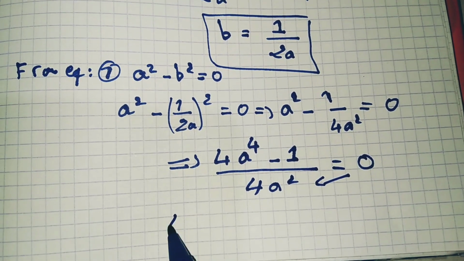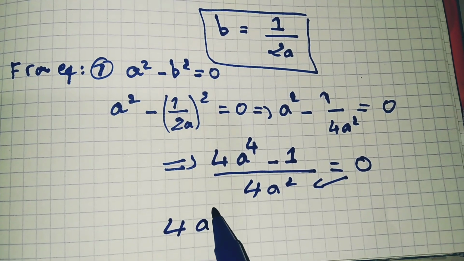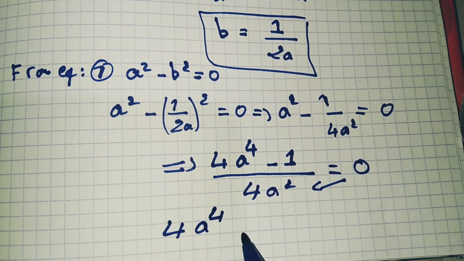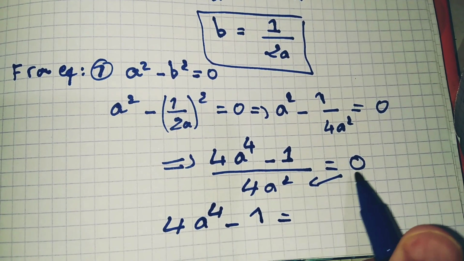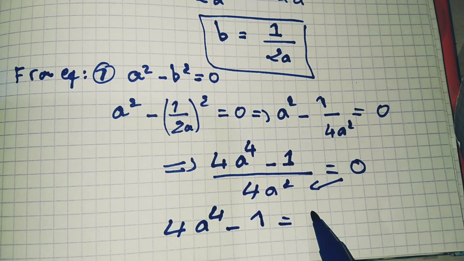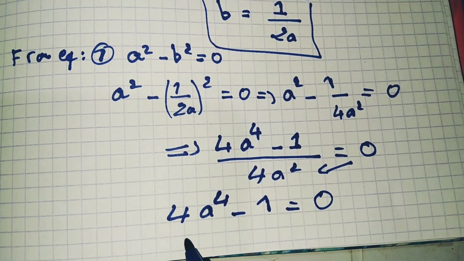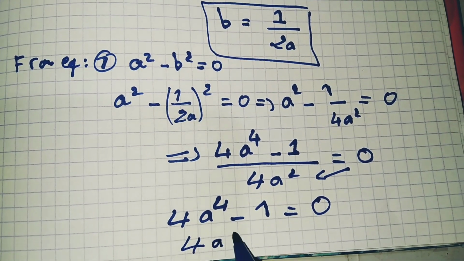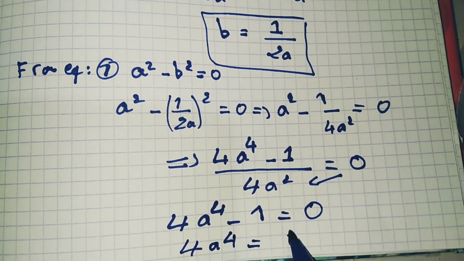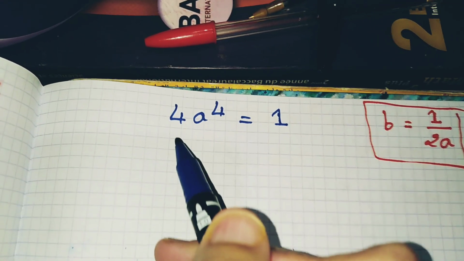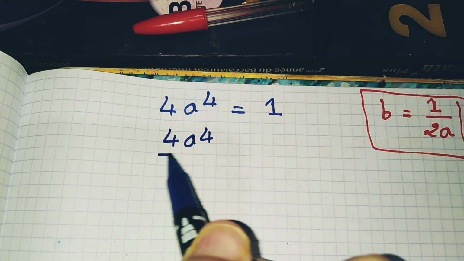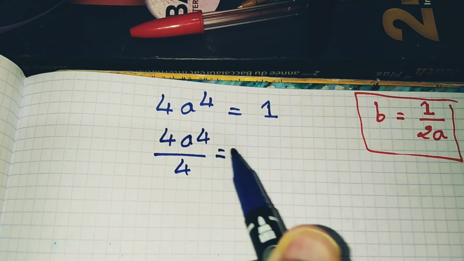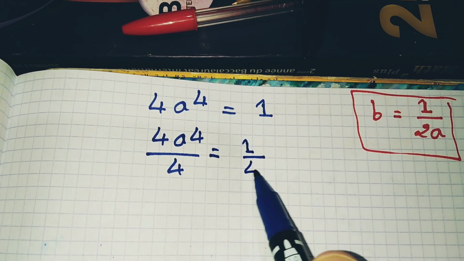So 4a to the power 4 minus 1 is equal to 4a squared times 0, which is equal to 0. So 4a to the power 4 is equal to 1. So 4a to the power 4 over 4 is equal to 1 over 4.